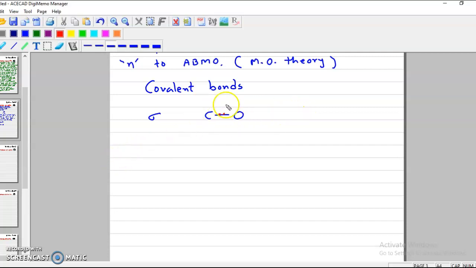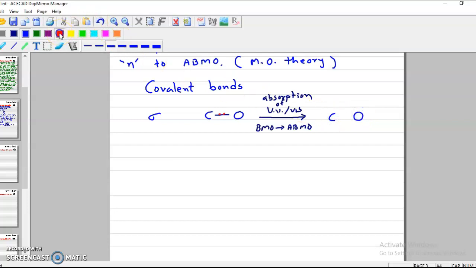Okay. Now, due to absorption of UV visible light, if this electron travel to ABMO, that means one of these BMO electron transfer to ABMO, then it can be like this, C-O.